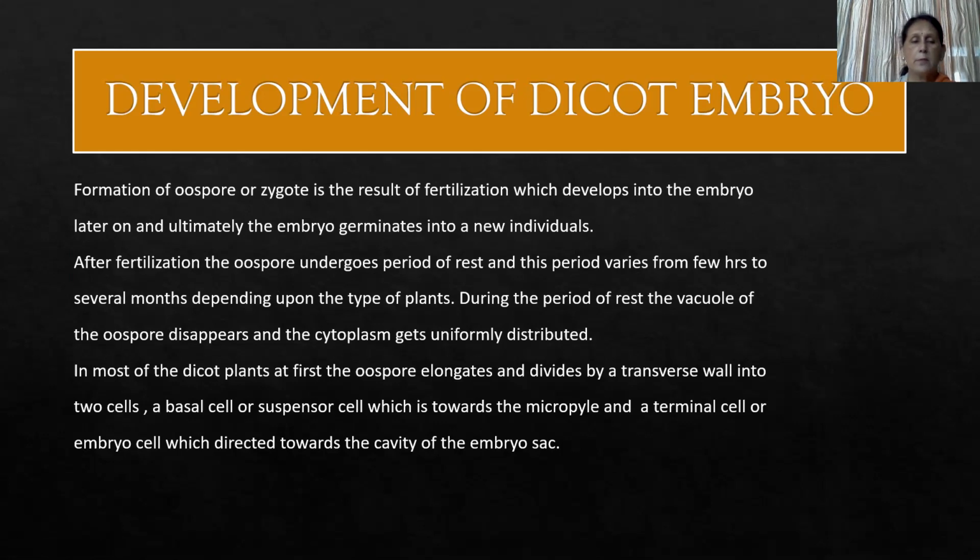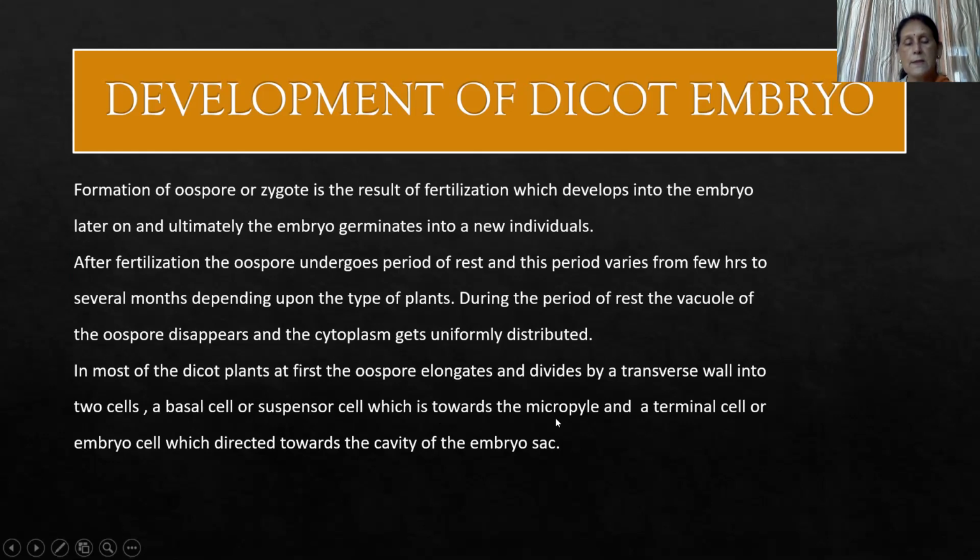In most dicot plants, at first the oospore elongates and divides by a transverse wall into two cells. So the diploid zygote or oospore converts into a two-cell structure. One is the basal cell, or suspensor cell, which is toward the micropyle.